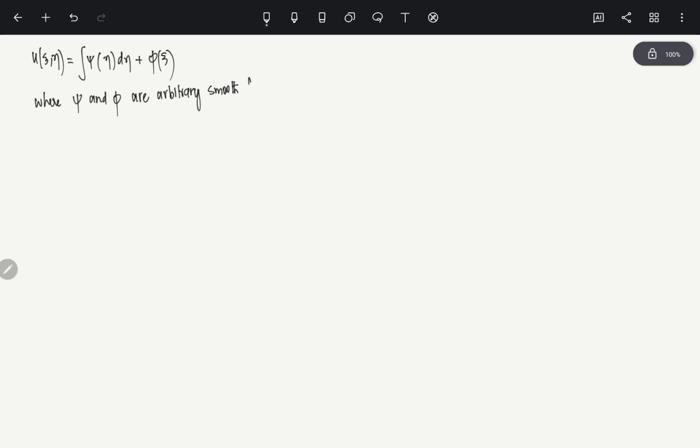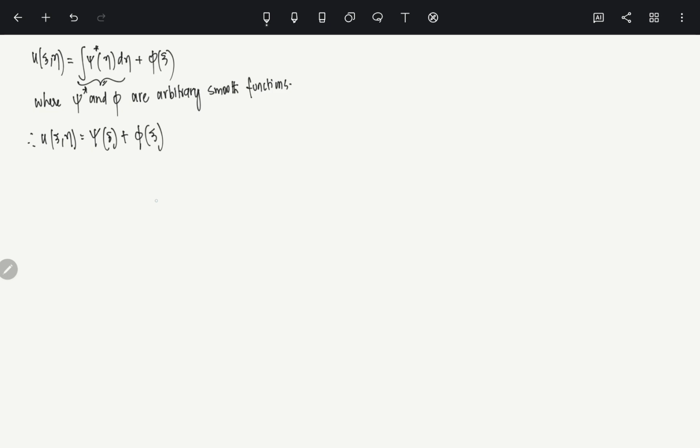Maybe I can just write this integral as psi. Therefore, we can write u of xi, eta. This is some function of eta, right? So you can write it as psi of eta plus phi of xi.